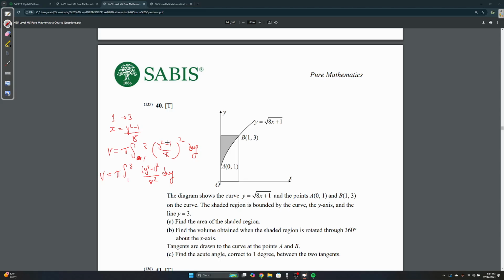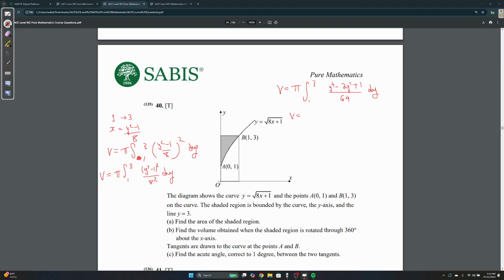You just distribute the integral up and down, right? (y squared minus 1) squared, I'm going to continue here. It's (a minus b) squared, so it's going to be a squared, so y to the power 4, minus 2ab, so minus 2 times 1 times y squared, plus b squared, so plus 1, over 64 dy.